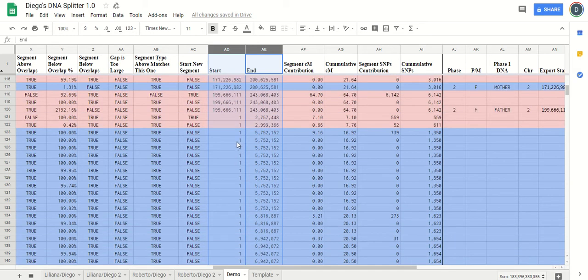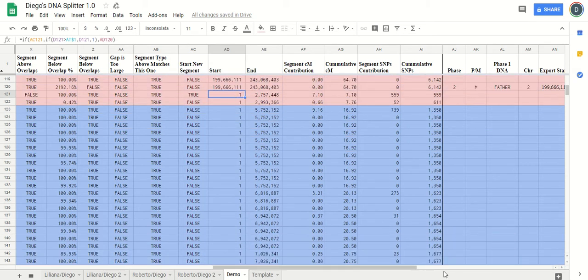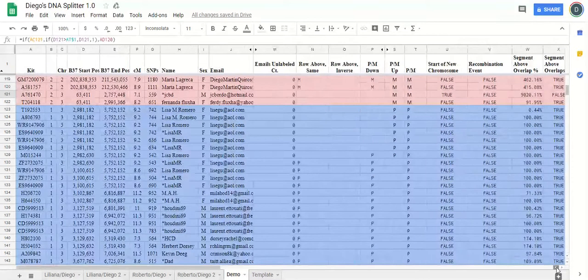So if I go here to see how I got this one, you can see that the one started here, and if I go all the way to the left, you can see that the segment started at 63,000, but since 63,000 is way less than 3.7 million, and I'm basically saying there is no fragment that can be this size from 1 to 63,000, then I'm saying that this fragment technically starts at 1.